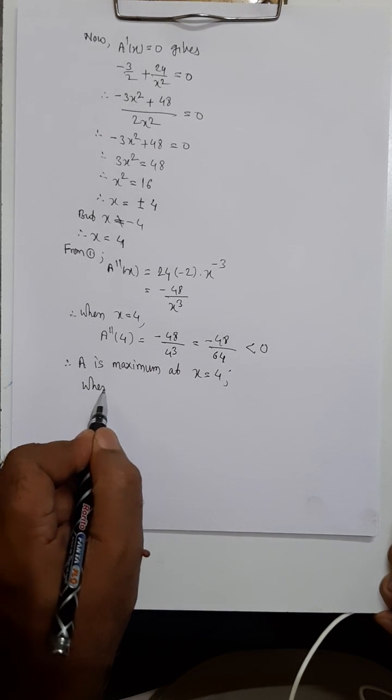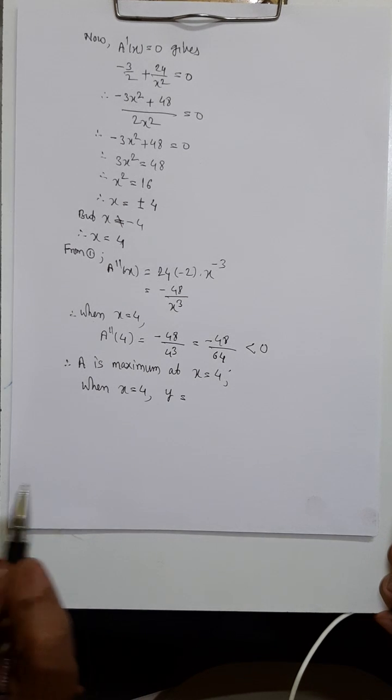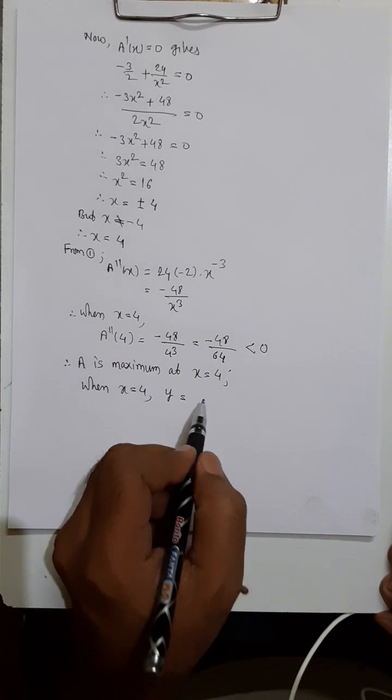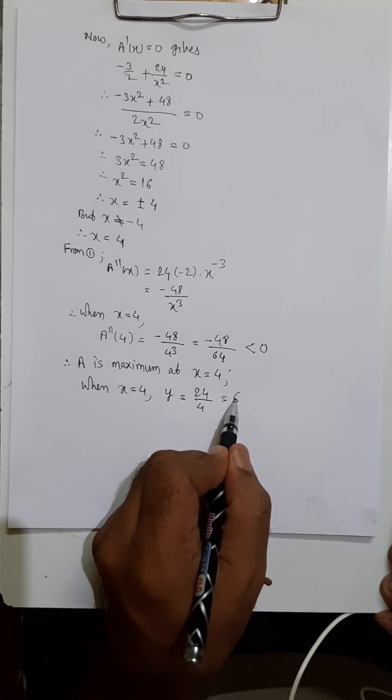So when x equal to 4, we can find y. So what is y? y is nothing but we have taken y as 24 divided by x, and x means 4. 24 divided by 4 is 6.